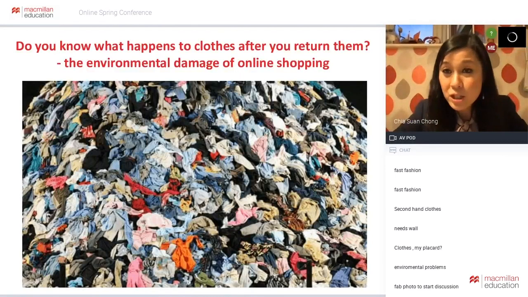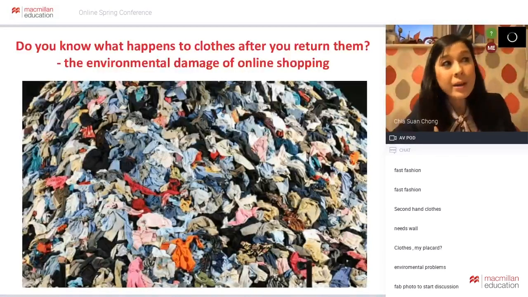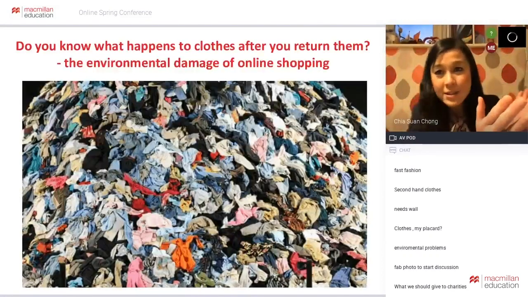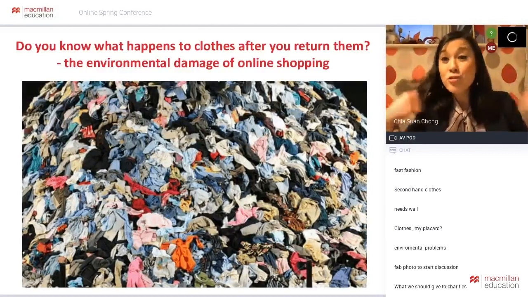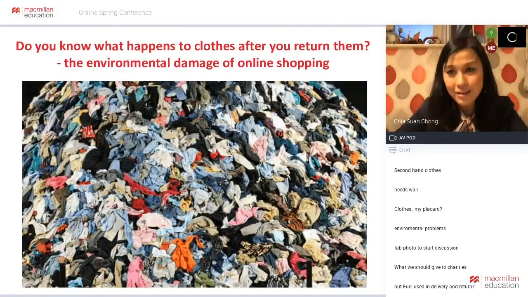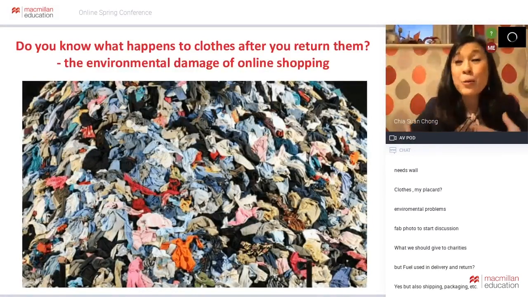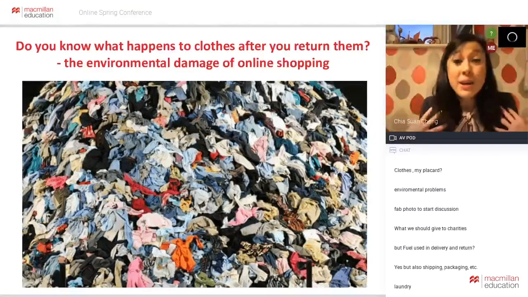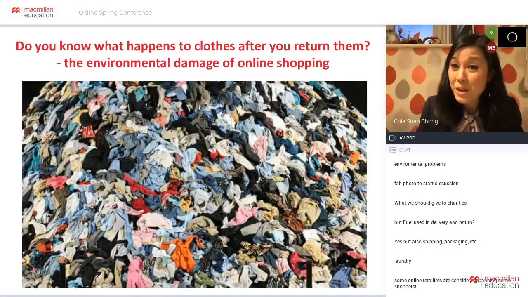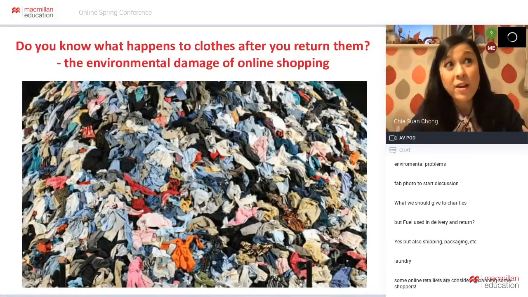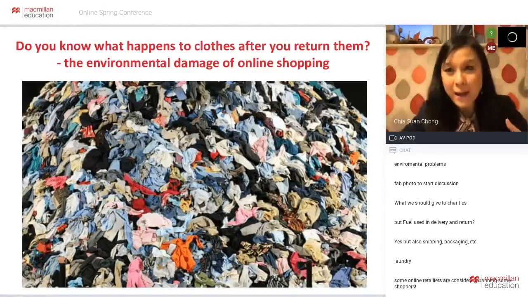However, there are news reports to suggest that people are buying the same item of clothing in 5 different sizes or 5 different colors, getting them sent to them, trying them on, and then returning 4 of them. So I get 5 items, I return 4 of them, and I keep the one that fits. It's my way of trying clothes on, because I don't have a physical shop and a physical changing room. So I order 5 pieces of clothing, send 4 back.